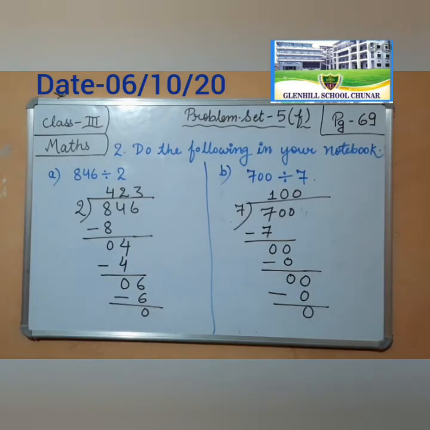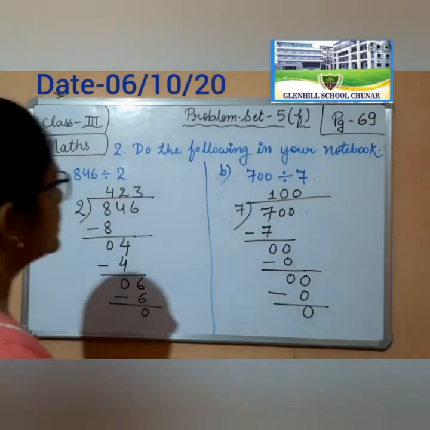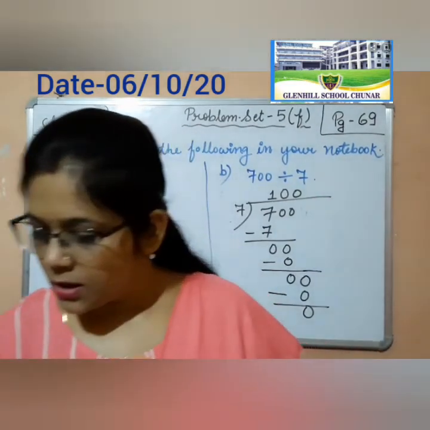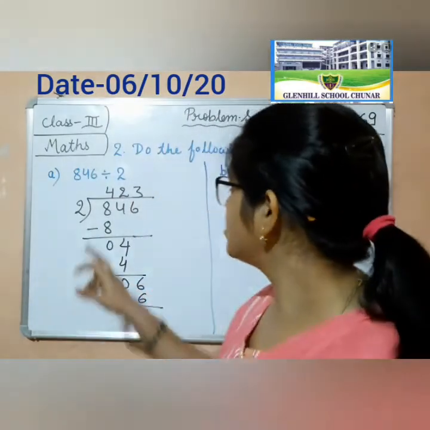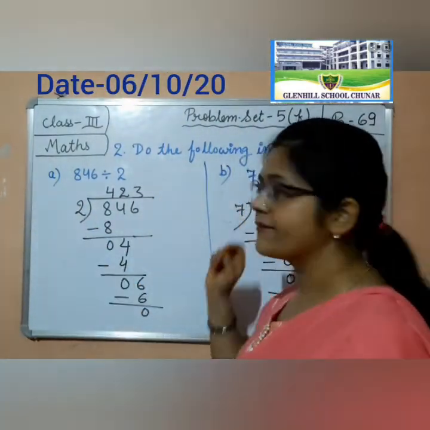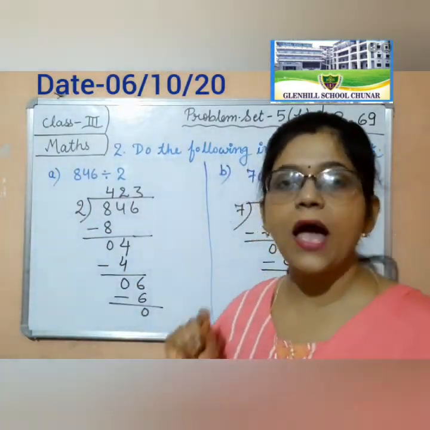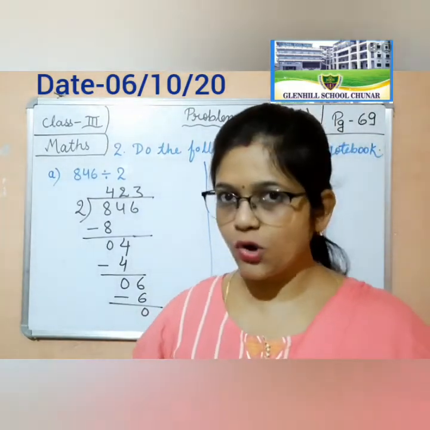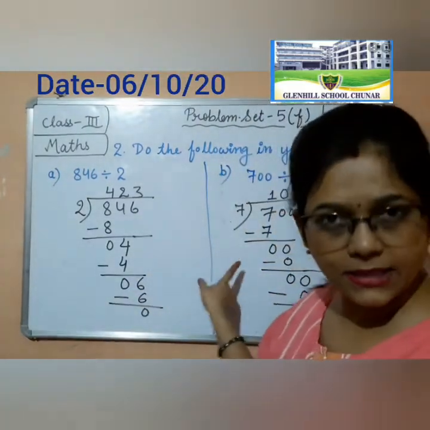Now students, there is up to H. Okay, so question number A and B I have completed, and up to H you have to do by your own in your note copy. Okay, because all are like this.